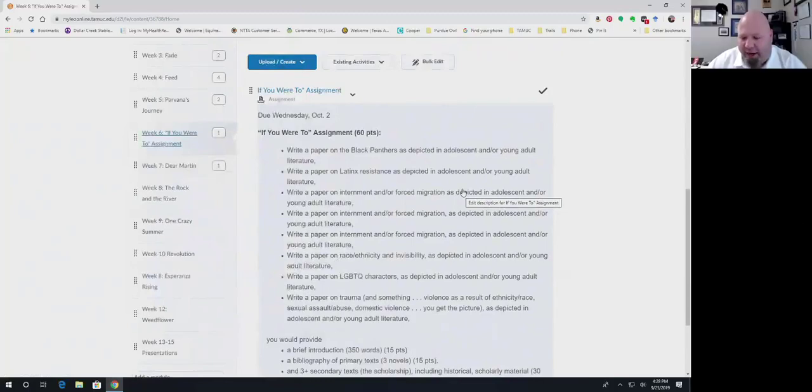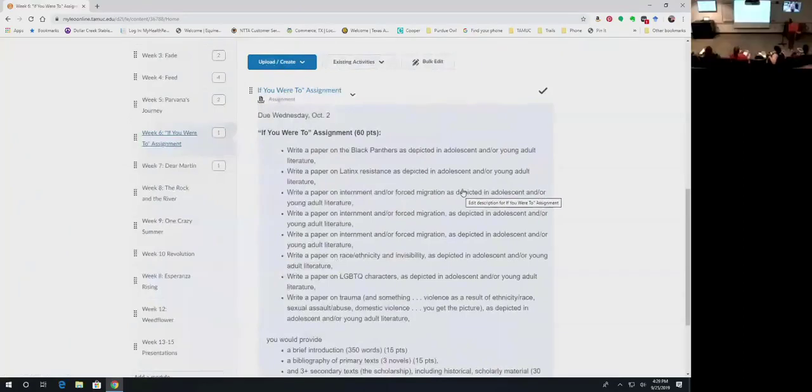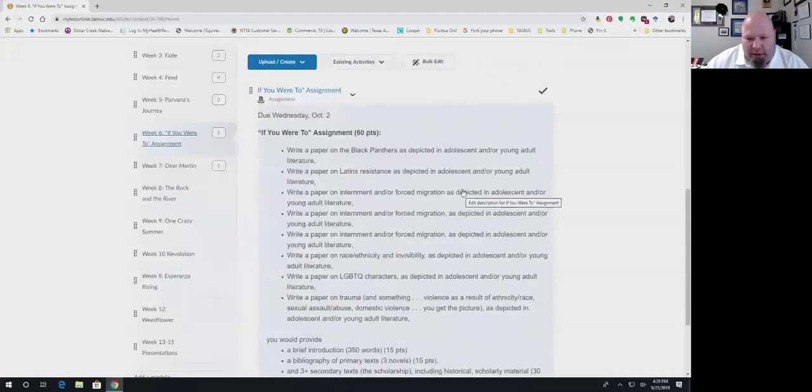I was looking at, I've got violence and ethnicity or race. Here's the last one: trauma as a result of ethnicity, race, in young adult literature. So I've gotten some novels together.